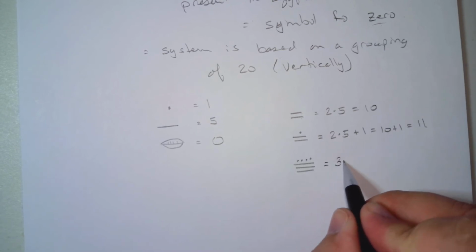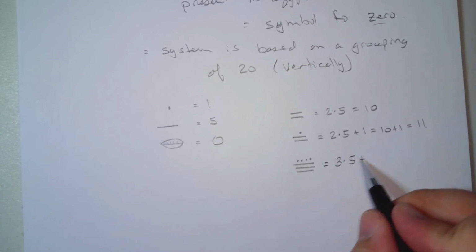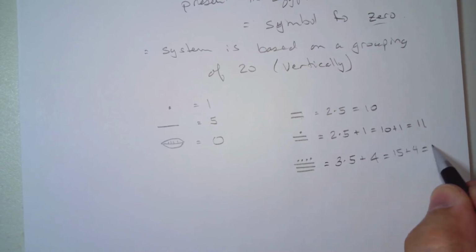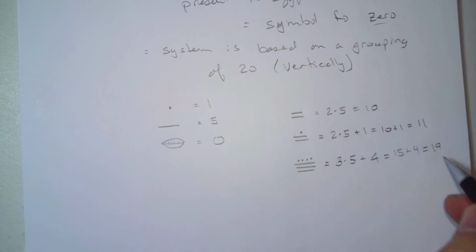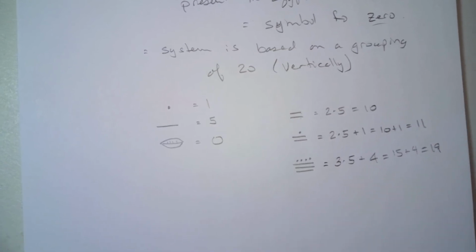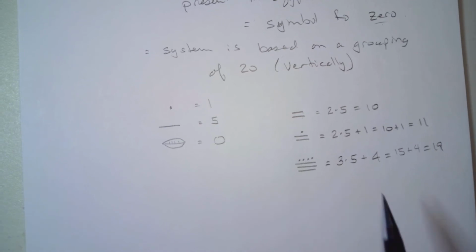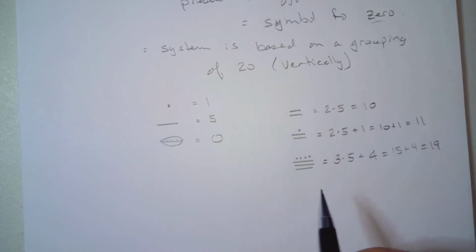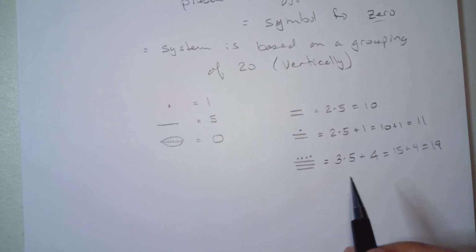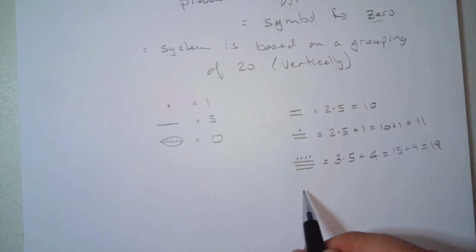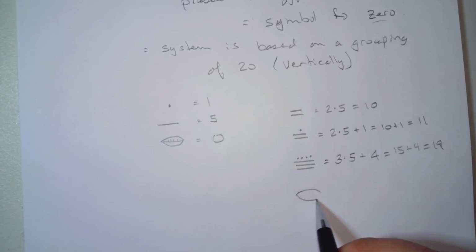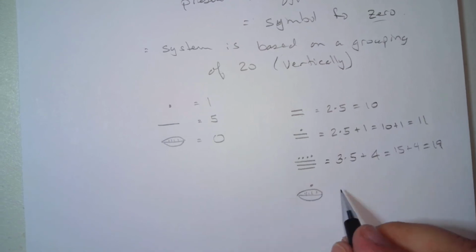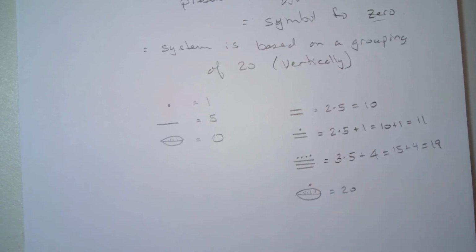If we had 3 of the 5s and 4 dots, 15 plus 4, that's 19. Then again, they don't go to 4 lines. So what they did there was introduce the concept of 20. They use their 0 with a dot over it. That was the idea for 20.